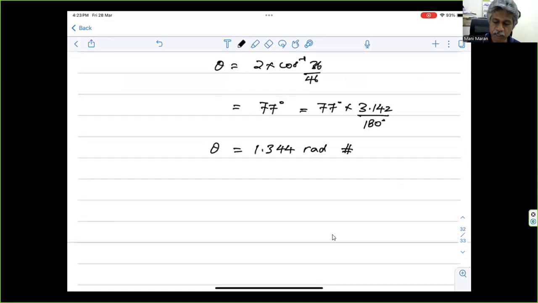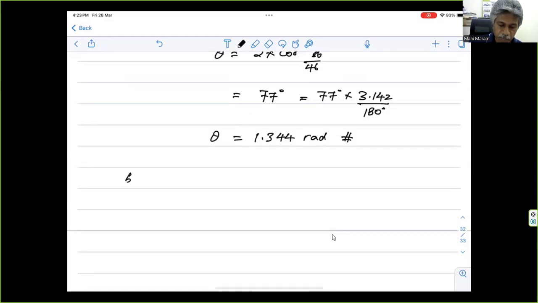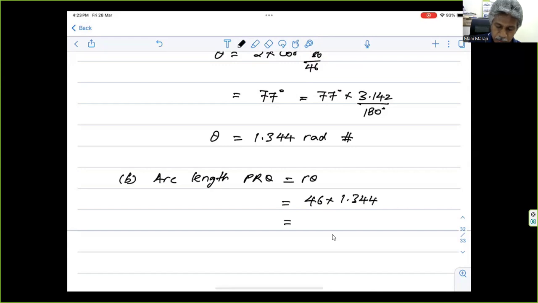So in part B, arc length PRQ is equal to R theta, which is equal to 46 multiplied by 1.34, which will be 61.827 cm. Okay, so that will be the arc length.